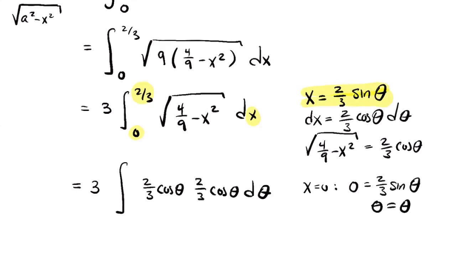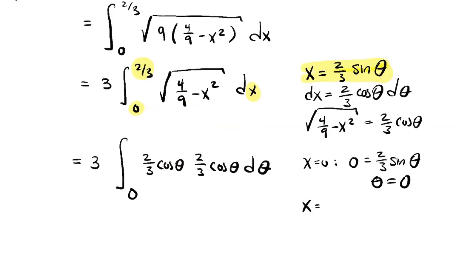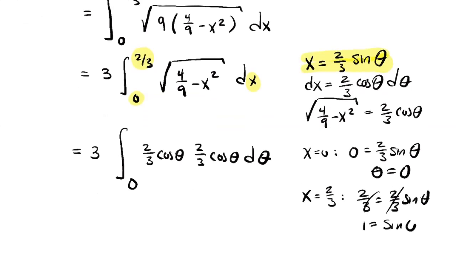That means theta is 0. So the new lower limit is also 0. If x is 2/3, our equation becomes 2/3 is 2/3 the sine of theta. Cancel that 2/3, and it says the sine of theta is 1. So that means theta is pi over 2.